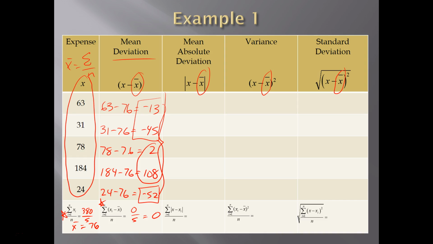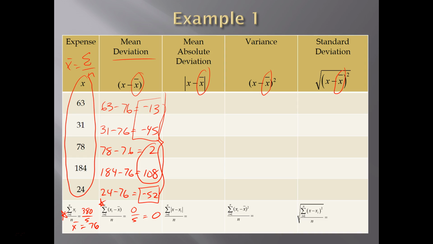So I have positive 110, that's the amount above the mean, and I have negative 110, that's the amount below the mean. So there's just as much above as there is below, which is why the mean is in the middle. It's the center. Remember, the mean is kind of the most important measure of central tendency. Now let's get the next one, the mean absolute value.